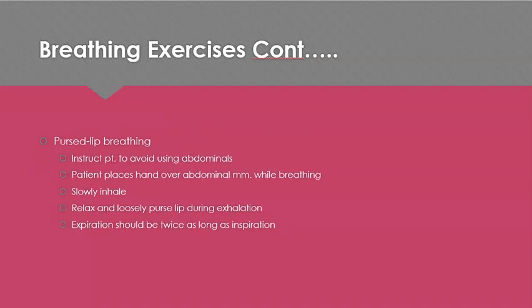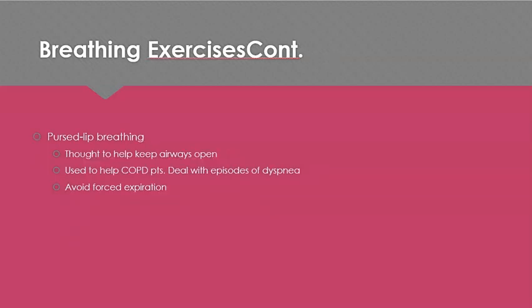Pursed lip breathing is instructing the patient to use abdominals. Patient places hand over abdominal while breathing, slowly inhale, relax and loosely pursed lip during exhalation. Expiration should be twice as long as inspiration.